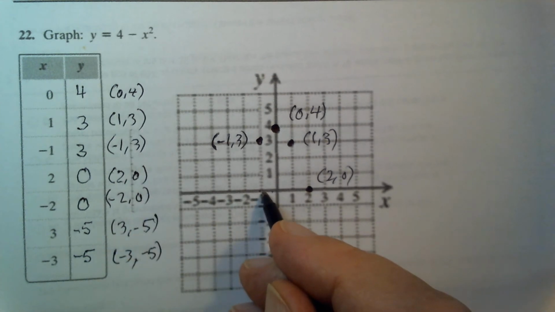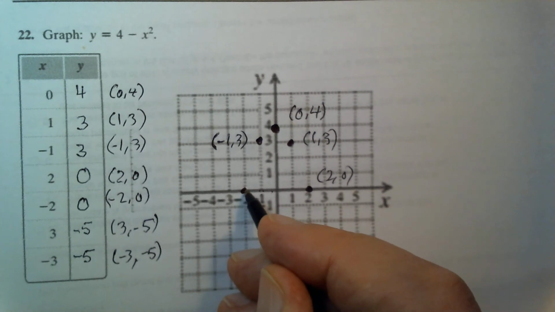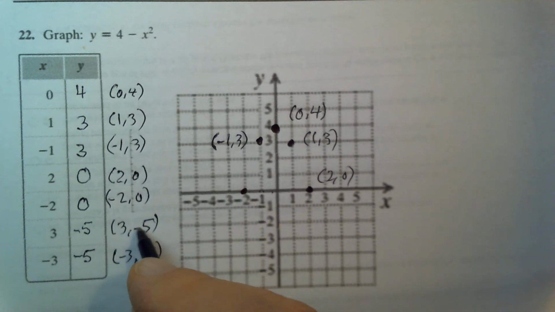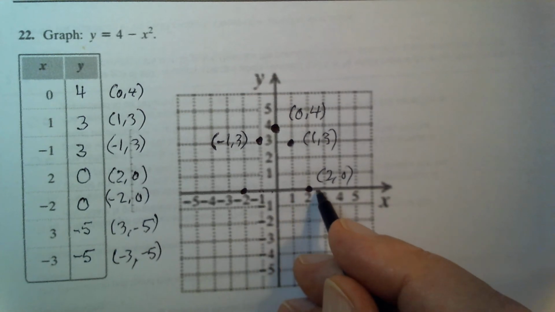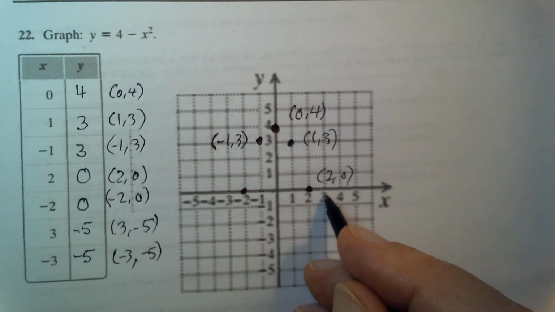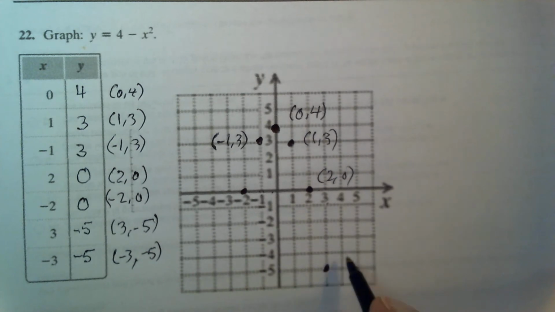And the next one, minus 2, 0. We go 2 to the left, minus 1, 2, and we stay on the x-axis. And then we have 3, minus 5, so x equals 3, 1, 2, 3, and then minus 5. Minus 1, 2, 3, 4, 5. That would be this point here. And then that's 3, minus 5.